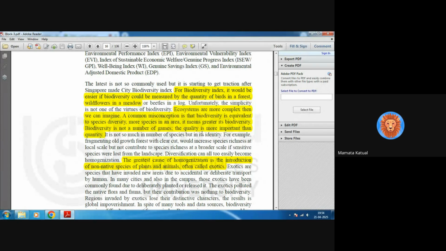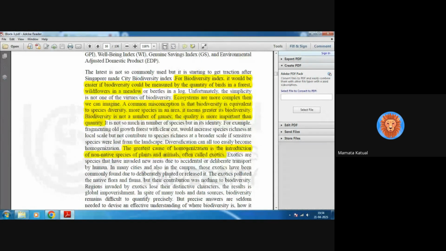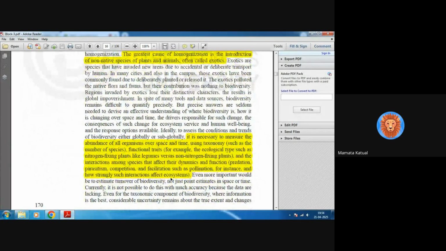So biodiversity is not only about the number of species, how many species, or species richness or species evenness, but also the interaction between the species.